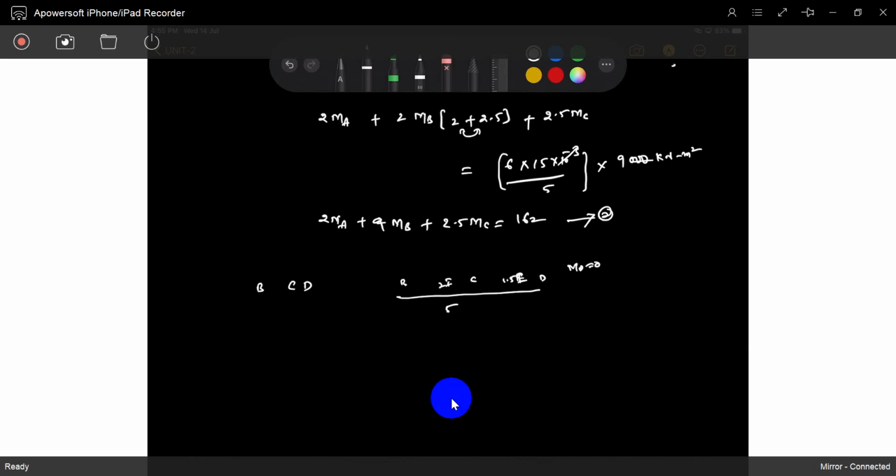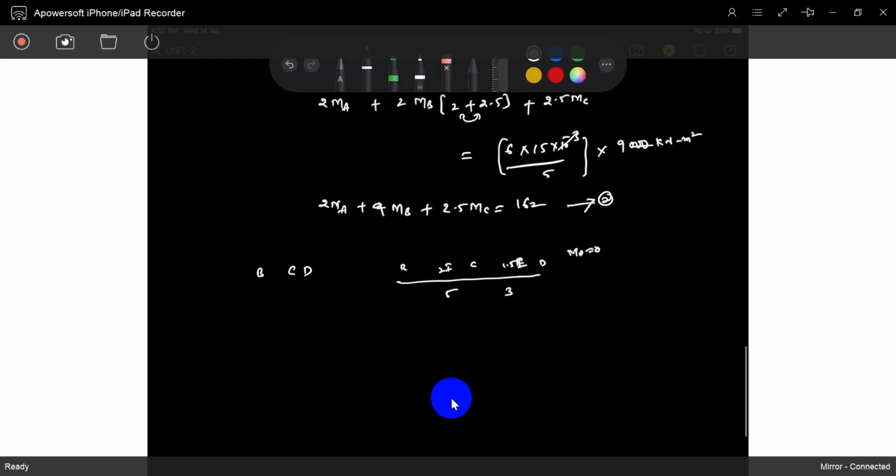The span lengths are 3 meters, 5 meters and 3 meters. So write it: MB L1, 5 divided by 2IE, 2MC, 5 divided by 2IE, next is 3 divided by 1.5IE. MD is 0, so no need to write it.